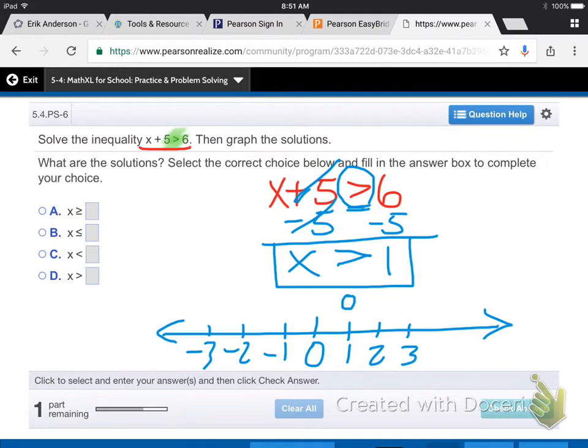Sometimes it's a filled in circle, we'll talk about that later. And where are the numbers that are greater than 1? Well, it's 2 and 3 and 4 and 5 and 6, all the numbers to the right. So we draw an arrow like this. And that is the solution on the number line that reads the same thing. So x is greater than 1 can be shown on the number line just like that. So go ahead and write that answer in.